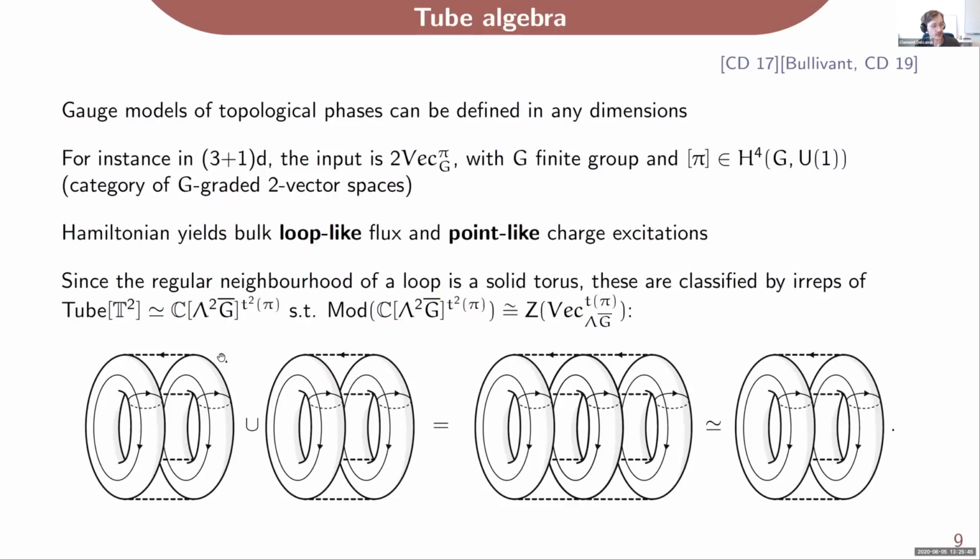So what's particularly nice with gauge models is that they can be defined in any dimension, quite straightforwardly. So for instance, in 3+1D, the relevant category theoretical structure is the bi-category of G-graded 2-vector spaces. But what matters right now is that the input data is a finite group again, and now a 4-cocycle instead of a 3-cocycle as in 2+1D.